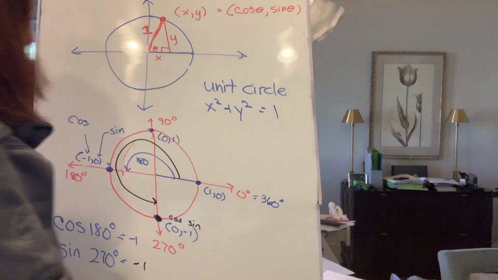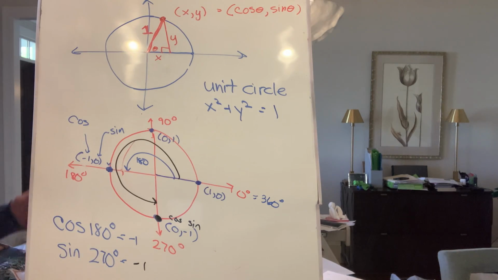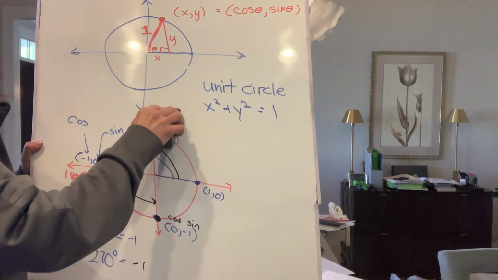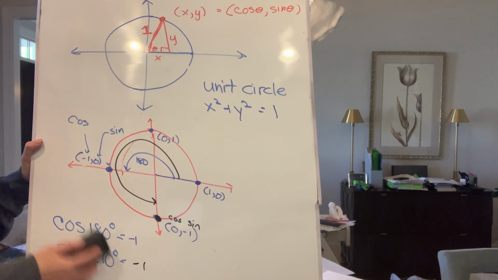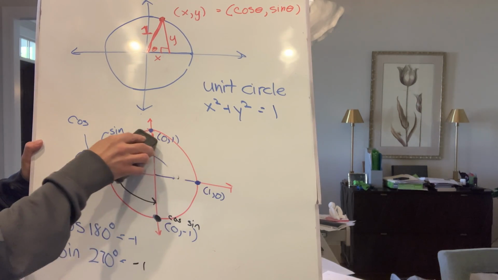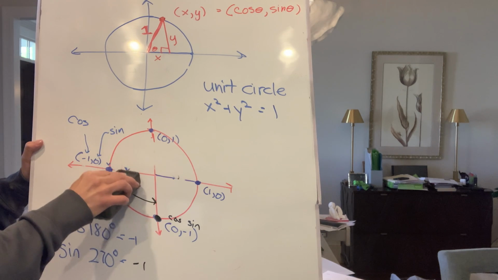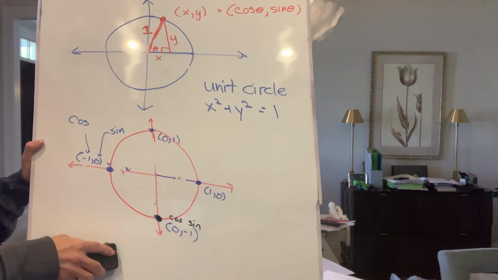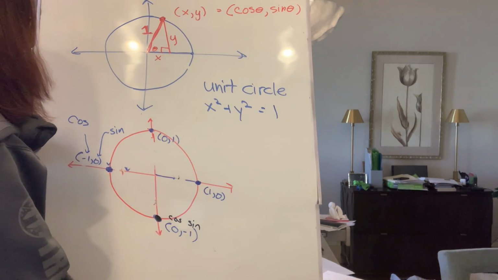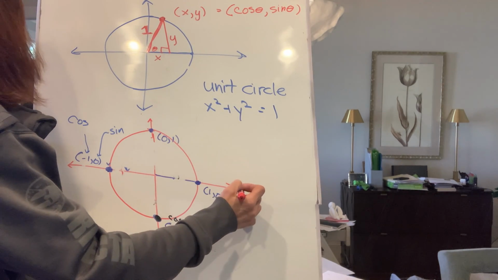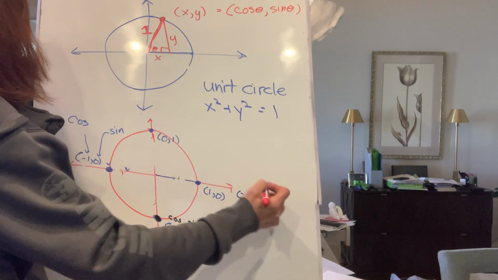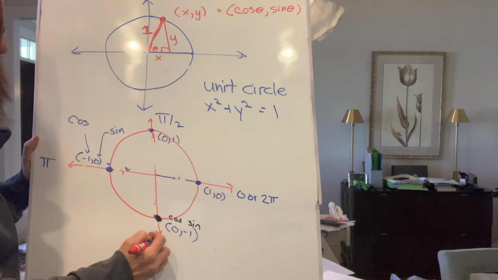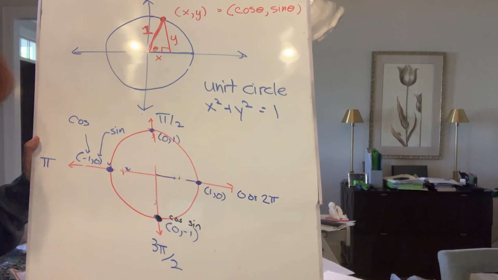All right, we could also do the same thing if, instead of degrees, we had radians. All right, so say I still have my unit circle with radius 1. If we're thinking in terms of radians, this is pi over 2, this is pi, this is 3 pi over 2.